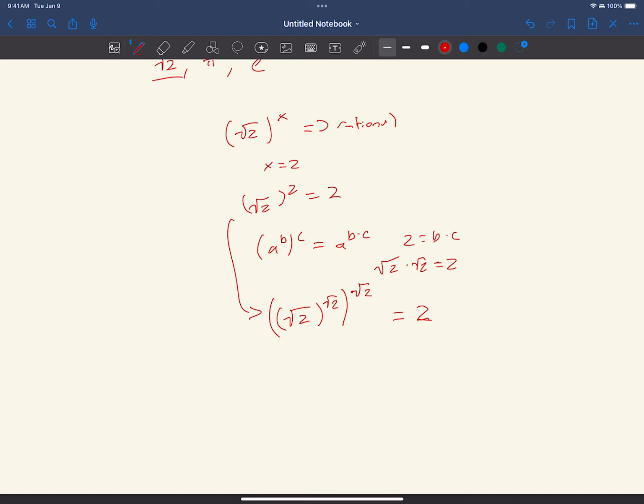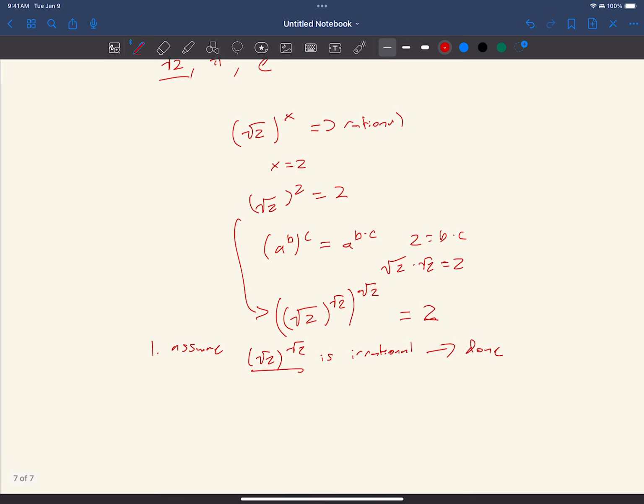And so if we assume root 2 to the root 2 is irrational, then we're done, because we know just raising this to one more root 2 gives us 2, and we've proven the problem statement.